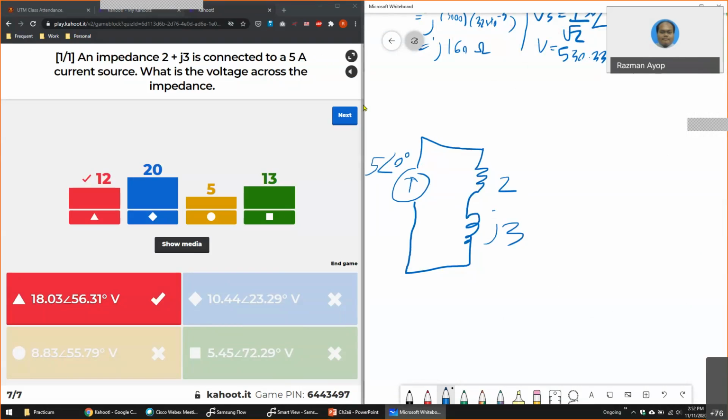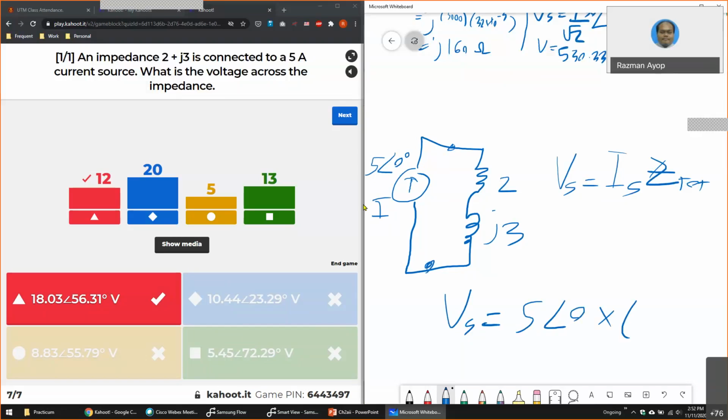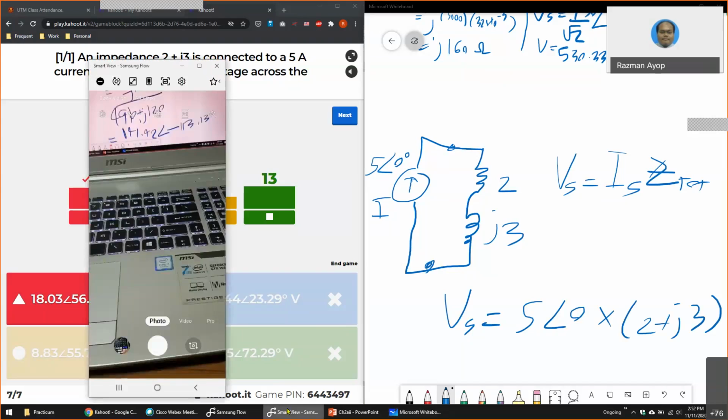So use Ohm's law, voltage across the source. So Vs equals Is multiplied by Z total. So Vs equals 5 angle 0 multiplied by 2 plus J3. Let me show you how to use the calculator. 5 angle 0 is just 5.